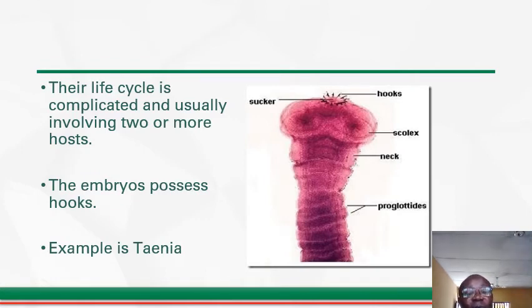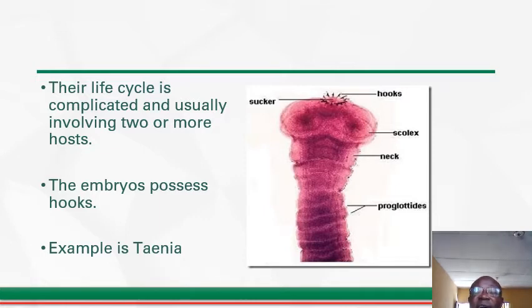The life cycle of Cestoda is complicated, and it usually involves two or more hosts. That is, before they complete their life cycle, two hosts are involved. Their embryos possess hooks, and it is these hooks that they use to attach to the body of their host. The example is Taenia, a typical example of the class Cestoda.